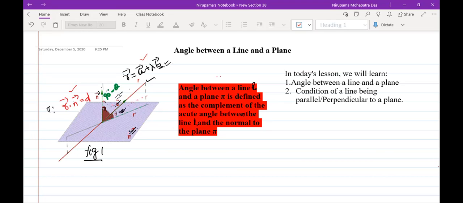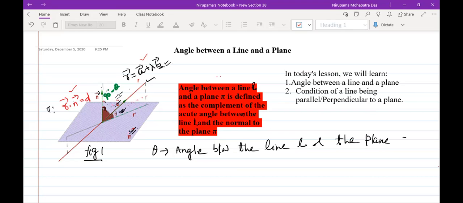In today's lesson, we will learn how to find the angle between a line and a plane, and also we will cover the condition of a line being parallel as well as perpendicular to the plane. So let theta be the angle between the line L and the plane phi.